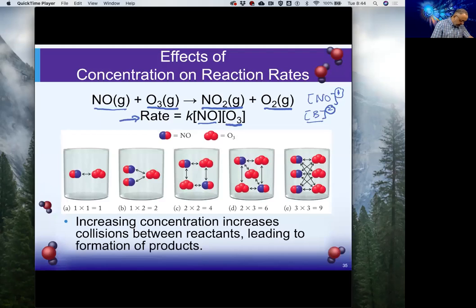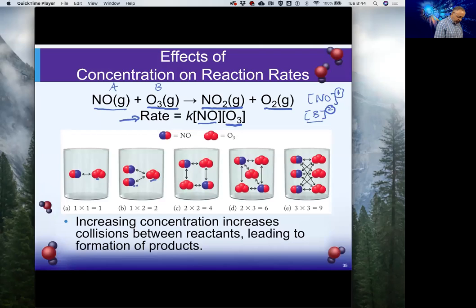Okay, so again, to be able to react, as we said, these two molecules, A and B, have to come together and collide. And so here we have A and B coming together. We have here two of them coming together and colliding with the ozone.